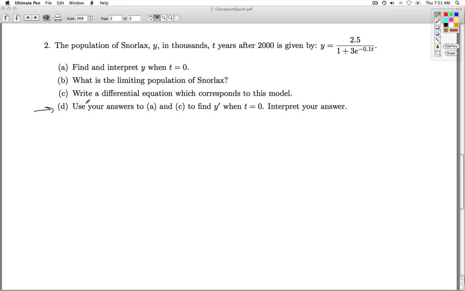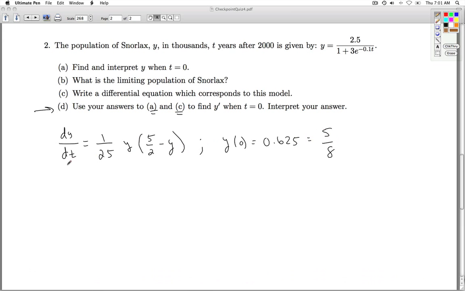Okay, so part D asks us to use our answers to A and C to find y prime when t equals 0. So here's the logistic equation that governs this model. dy/dt is 1/25 y times 5 halves minus y. And we know that y at 0 is 0.625, which, since we've got fractions here, that's 5/8.